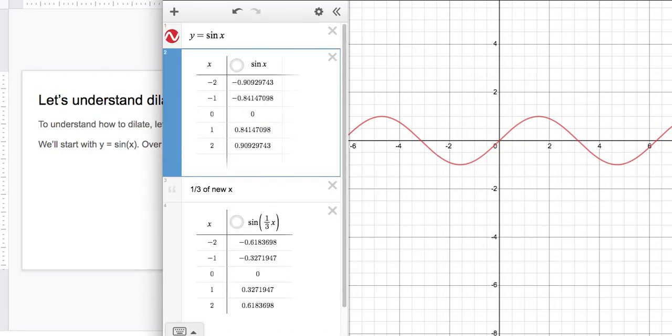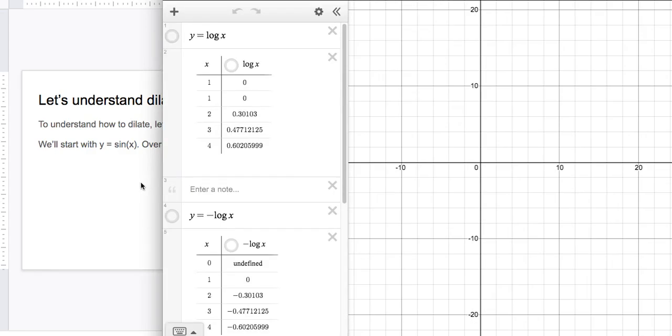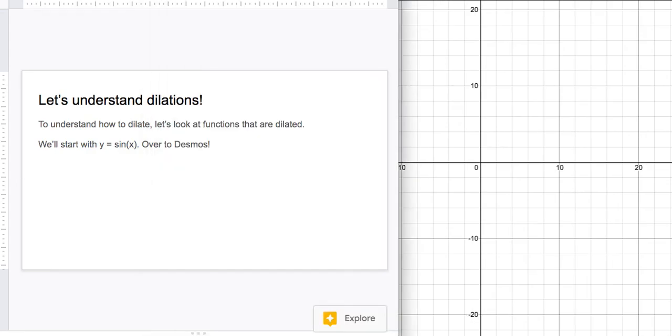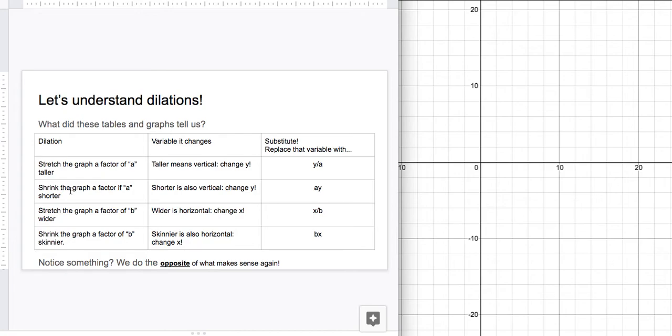So when I look at that, it gives me my dilations, which I'm starting to think is doing the same thing. If I want to make it taller, I'm dividing y by something. If I want to make it shorter, I'm multiplying y by something. Because in every case I'm saying, what do you want me to do to the new y's to get back to the old?